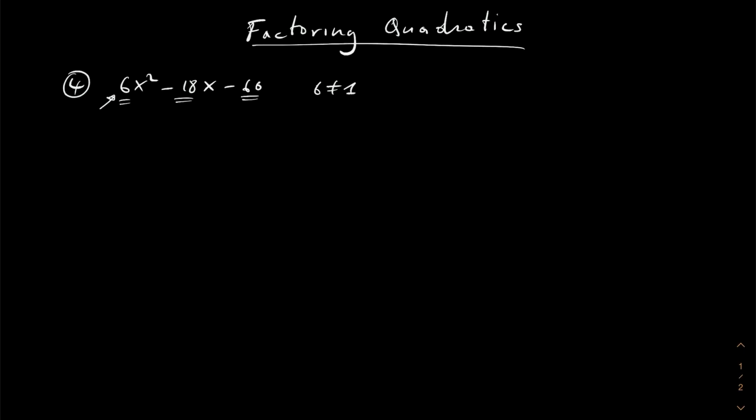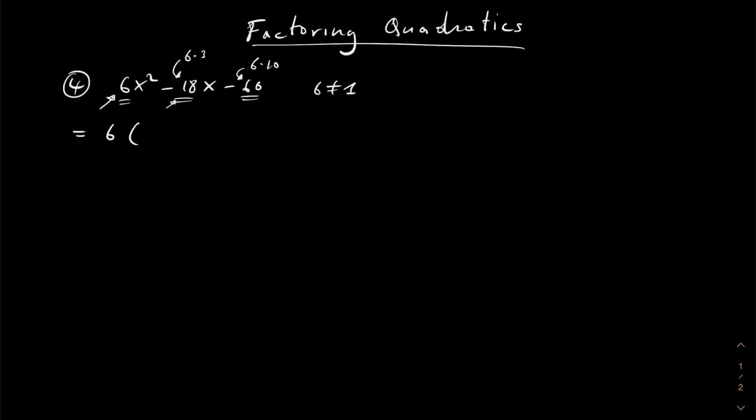If I can find 6 in every single term making up my polynomial, my quadratic, I can actually pull that a out. So in this case, 6 is good. Negative 18 can be written as 6 times 3, and then 60 here can be written as 6 times 10. So 6 can be found everywhere, so I can pull it out.